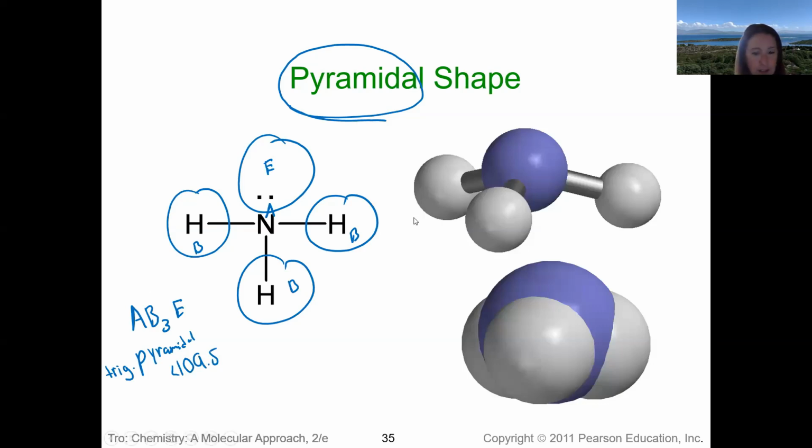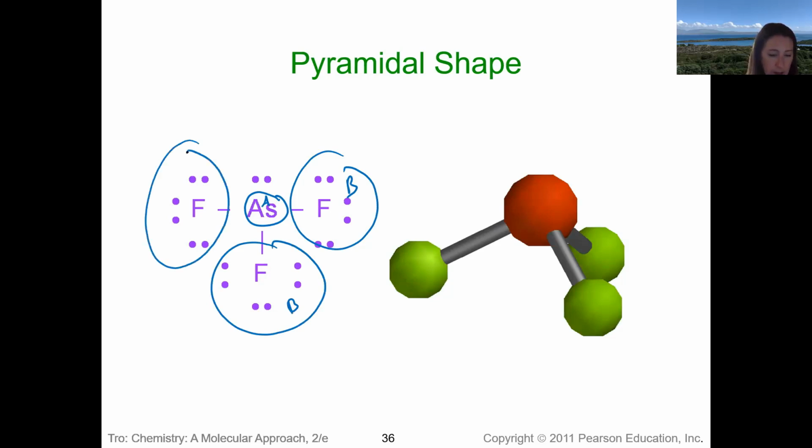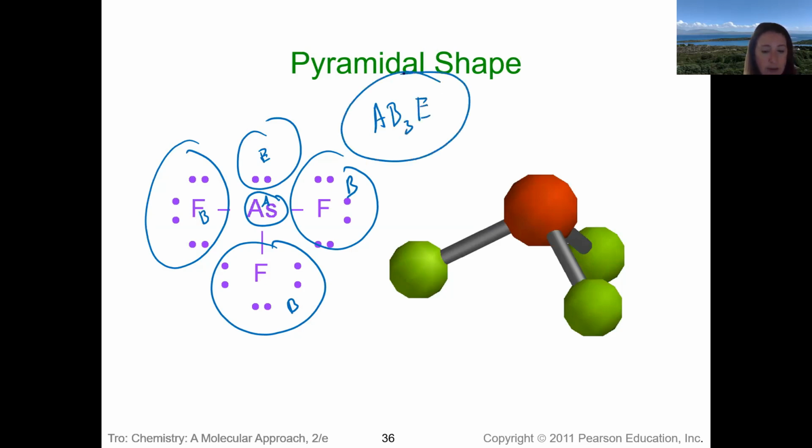Now let's look at another one. Here's another one. Here's our A, B, B, B, E. There's another one, AB3E. So whenever we see AB3E, we think trigonal pyramidal or just pyramidal. Bond angle, less than 109.5.